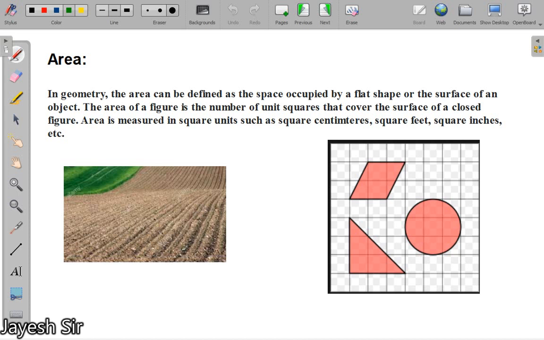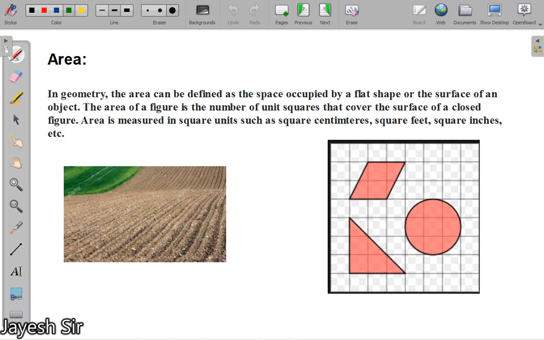First write the definition by pausing the video, and then listen. So what is area? In geometry, the area can be defined as space occupied by a flat surface or flat shape of an object. The area of a figure is the number of unit squares that covers the surface of a closed figure.